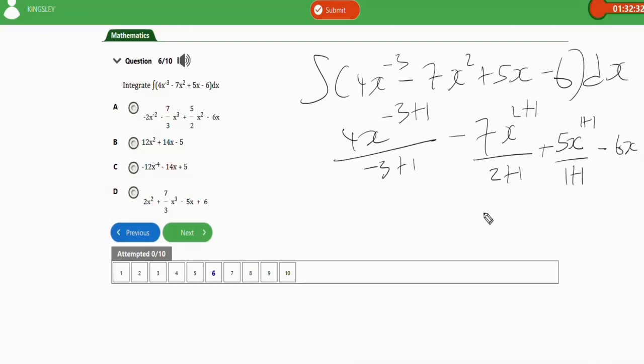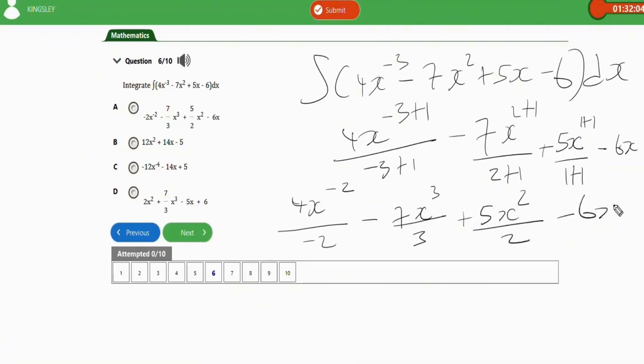Alright, so let's break this down. This is the same thing as 4x^(-3+1), which gives you x^-2, over (-3+1), which gives you -2, minus 7x^3 over 3, then plus 5x^2 over 2 minus 6x.